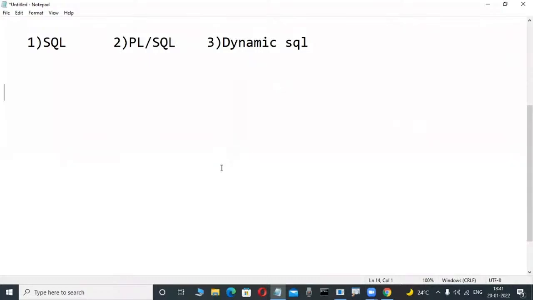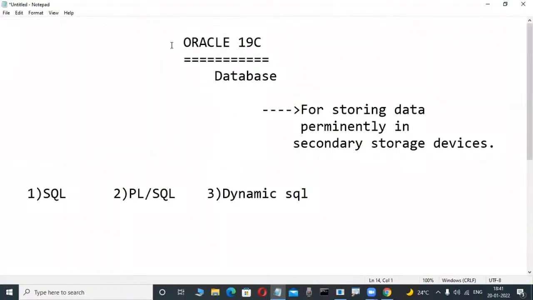SQL is an ANSI standard language, conceptually the same in every database: what is a table, what is a procedure, what is a view, what are joins, what are subqueries, what are constraints, all the same. But syntactically, and in functions, they are totally different. That's why in our class we are learning the Oracle SQL language.